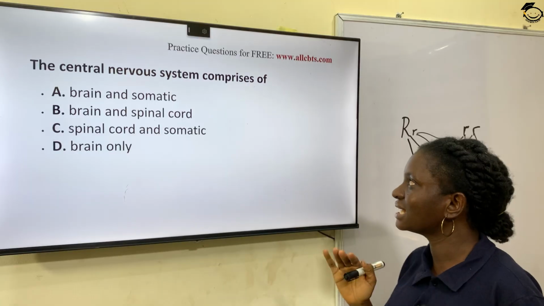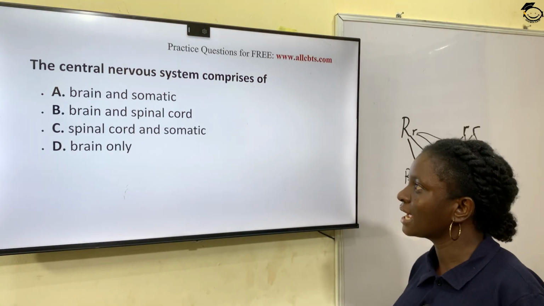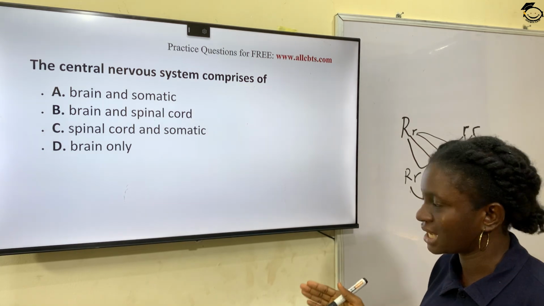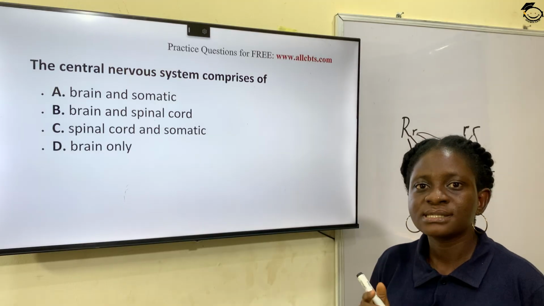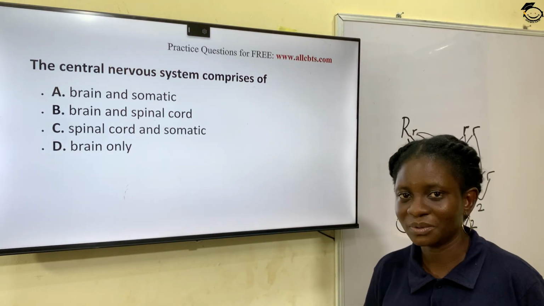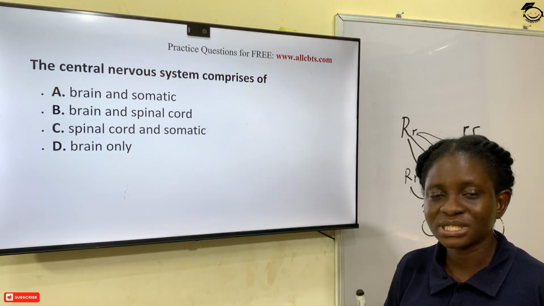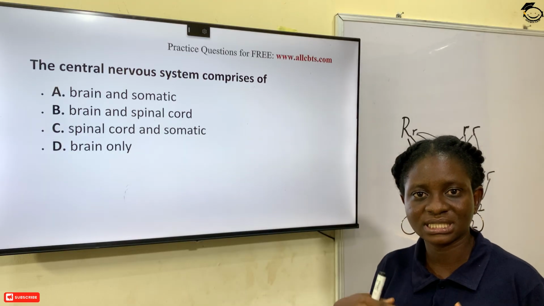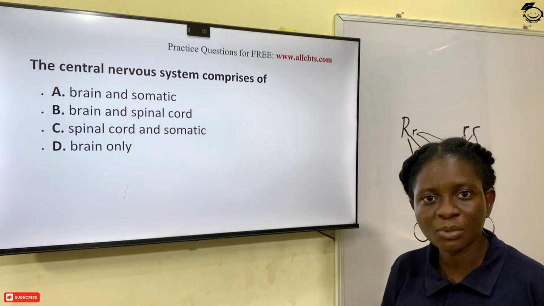Next question. The central nervous system comprises: A. Brain and somatic, B. Brain and spinal cord, C. Spinal cord and somatic, D. Brain only. The central nervous system is involved in processing information and responses.